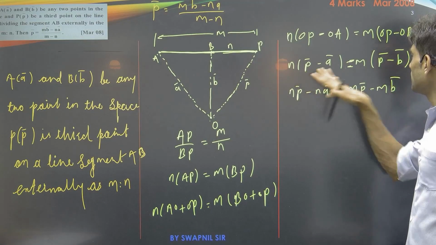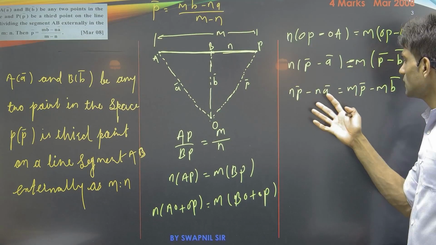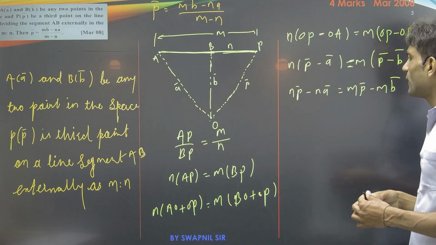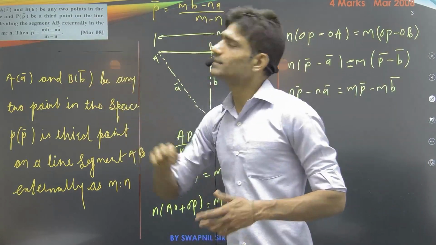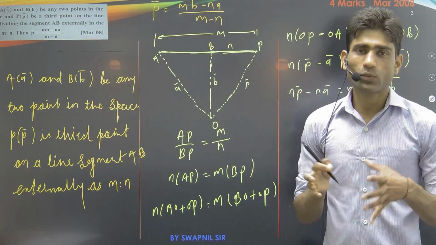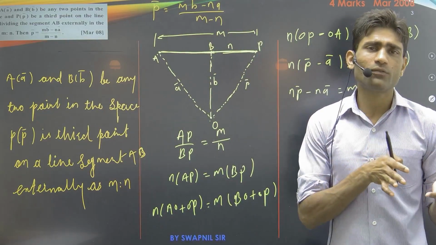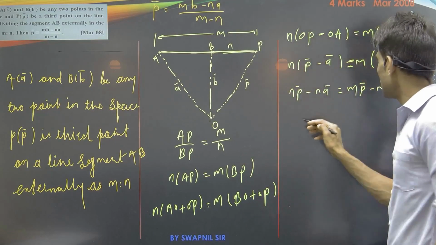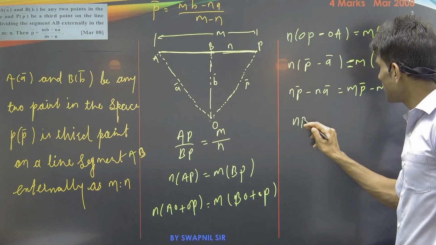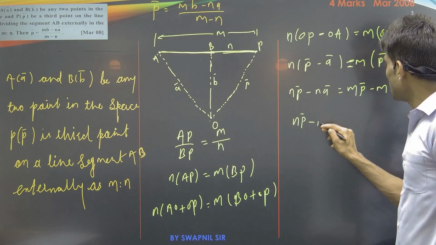Just multiply N and M under bracket here, and take the terms of P bar together. Try to take all the terms of P bar on one side and the remaining on the other side. So take the P bar terms on one side: N times P bar minus M times P bar.